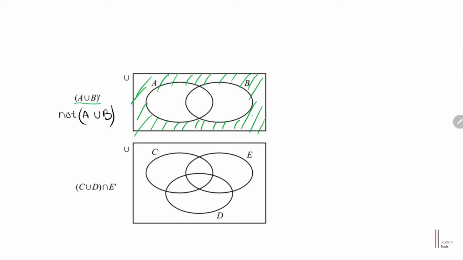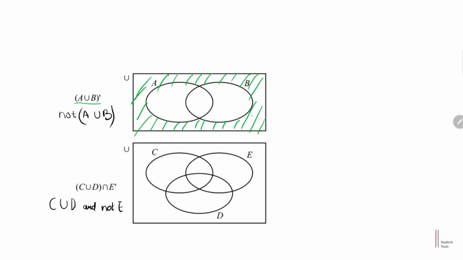It wants the not A union B. So for the next question, we have C union D and not E. So it's C union D and not E. All right. C union D and not E.